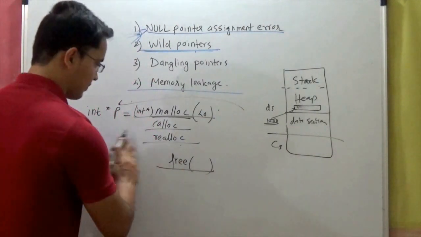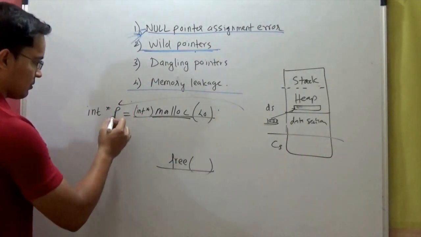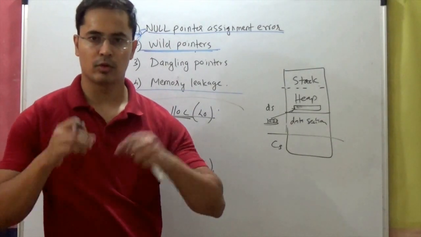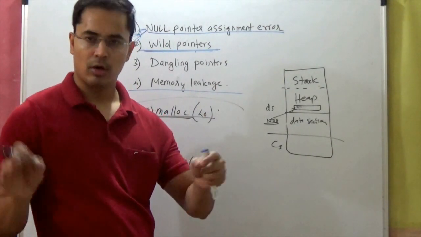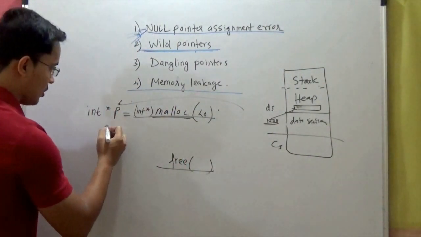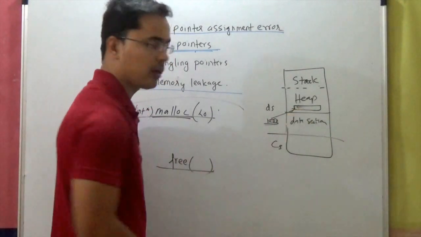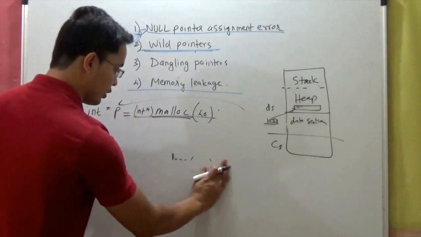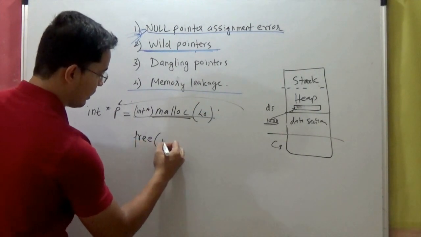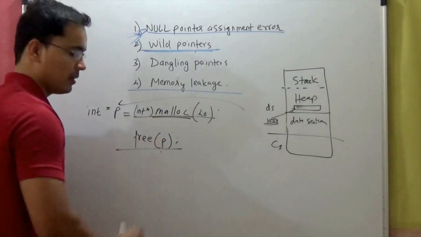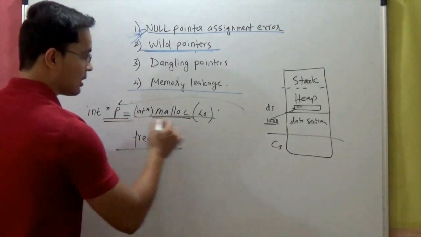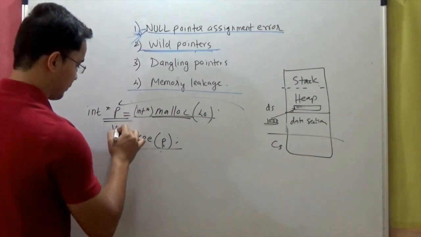The problem is now you use this block for doing some calculations, storing some values temporarily. You are done with your calculations, you display your results. Now you don't require this memory block anymore. Then it is your duty in your program to code something like this: free(p). P still stores this starting address, that is 1000.